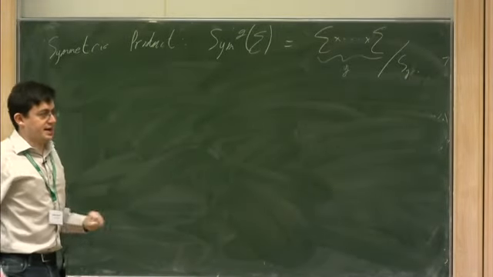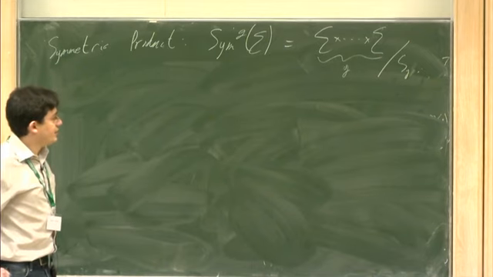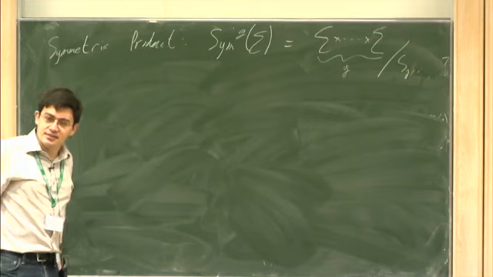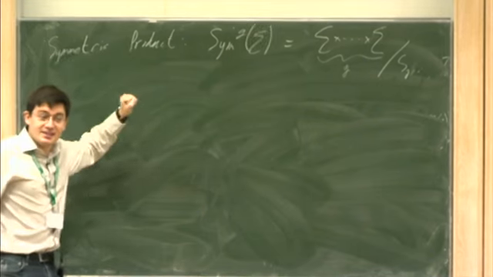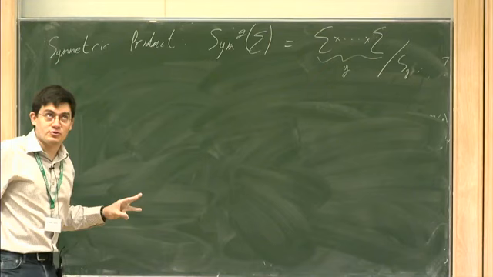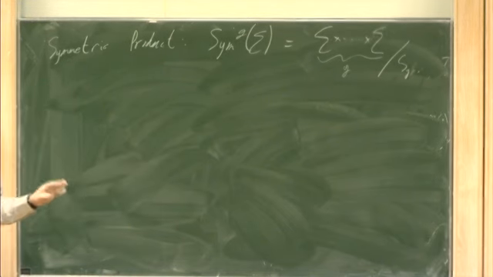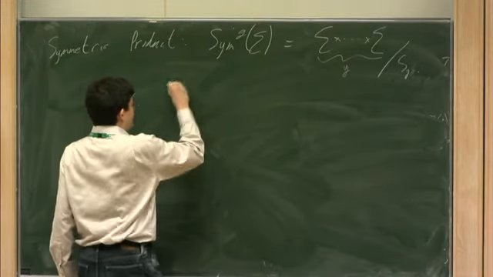But the point is that the reason the symmetric product of the complex plane is going to be a manifold can be summed up in 4 words: the fundamental theorem of algebra. So let's give this as a nice little exercise.